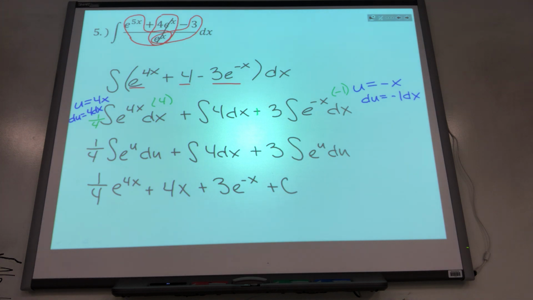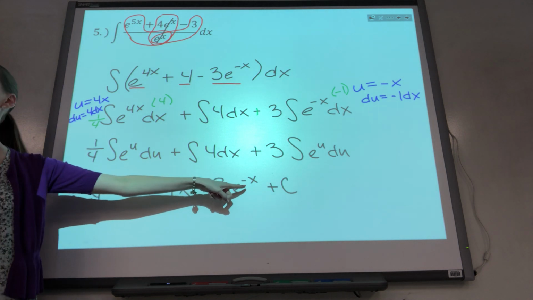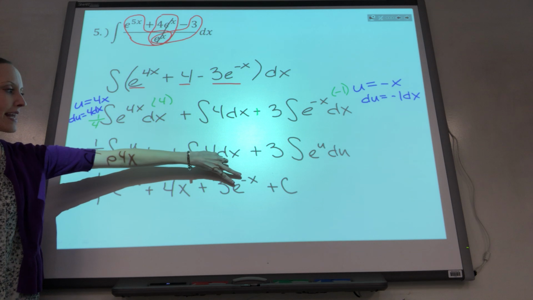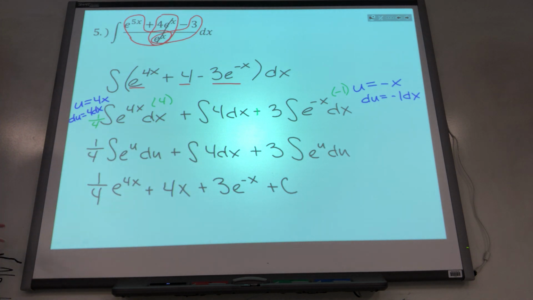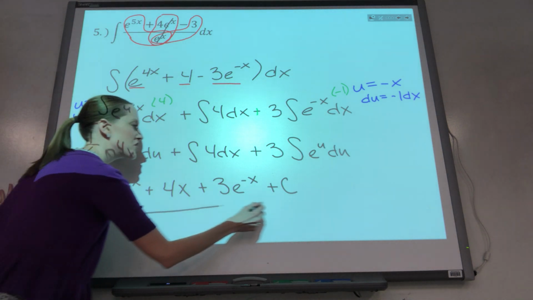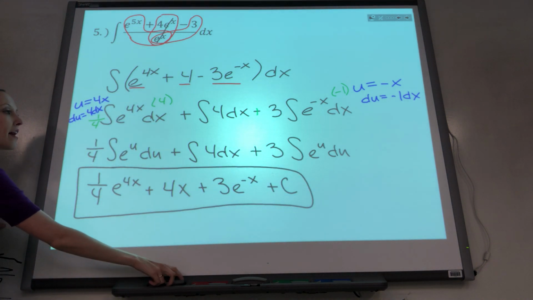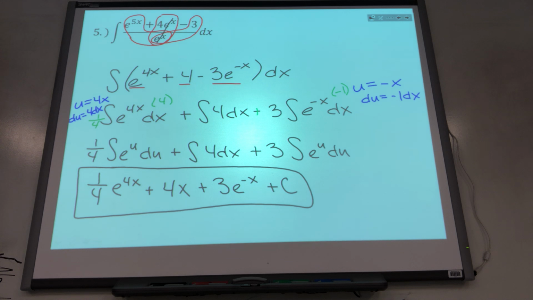I'm okay on these problems just leaving the negative exponent. If you wanted to make that positive, you could write this as 3 over e to the x. I'm not sure what the back of the book would do on something like that, but that's probably fine for now.